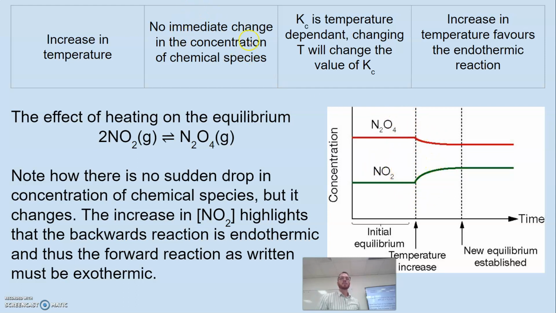So I said that. No immediate change in the concentration of chemical species. But there is a shift, and we can see the shift in which both of these species change. Yeah? No dramatic increase or decrease. So if all concentrations change up or down, we're changing the volume. If only one changes up or down, we're either removing it or adding it to the system.